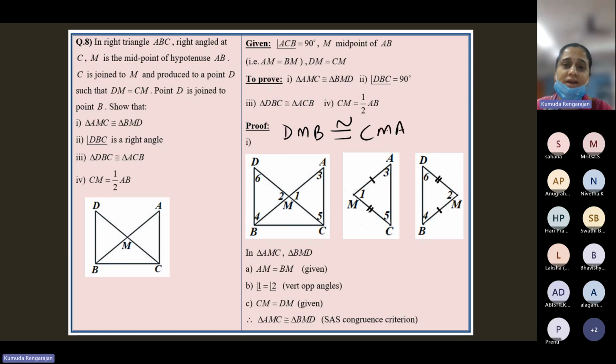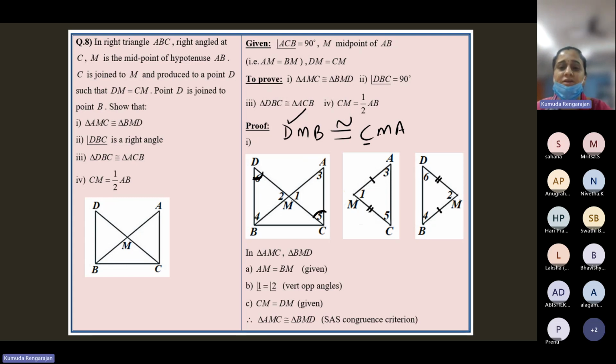You can name the triangles in different ways. This is one of the orders: DMB, if you say DMB, it'll be CMA. So you can see that D of the first triangle is equal to C of the second triangle. We have learned how to name the triangles in the correct order, so you should use that.